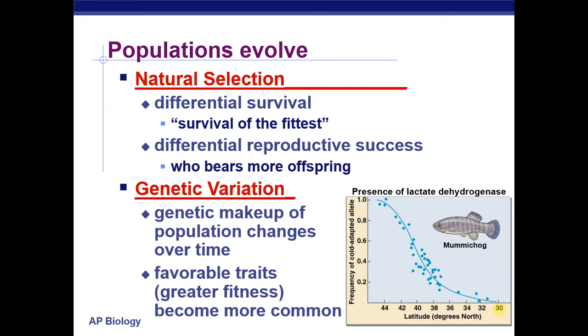So if a certain trait is better able to allow organisms that possess that trait to survive in the environment, those organisms will have a better chance of growing to sexual maturity and having offspring and passing on that trait. And then over time, that trait will become more common within that population.